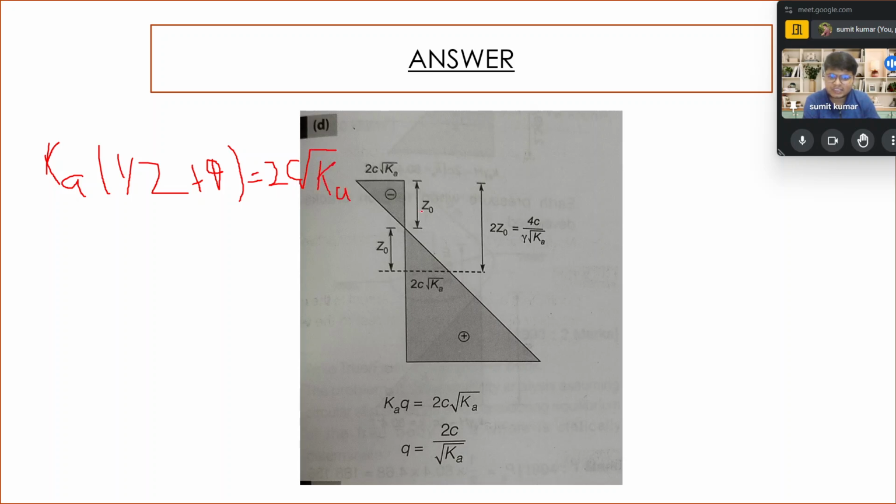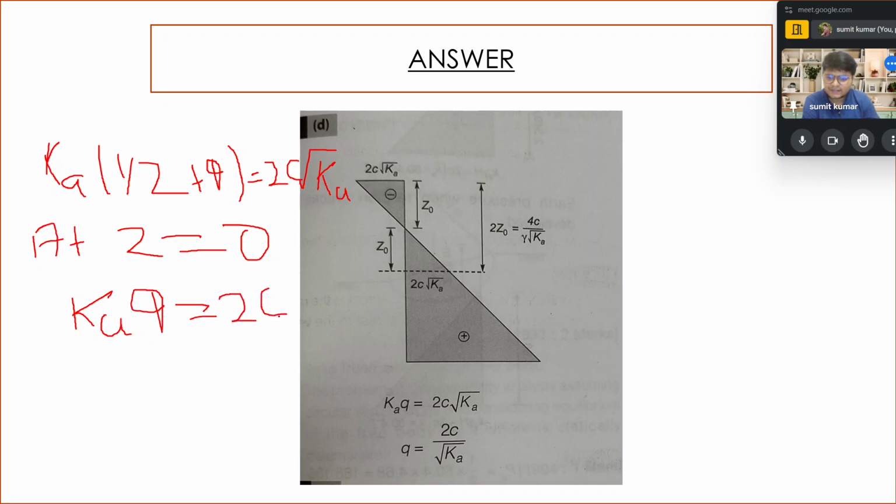As we want to avoid the tension crack, we want z naught as 0. So we say at z equal to 0, what should be the value of q? That is going to be Ka multiplied by q equal to 2c root k.